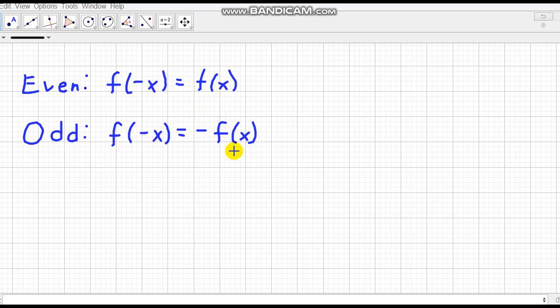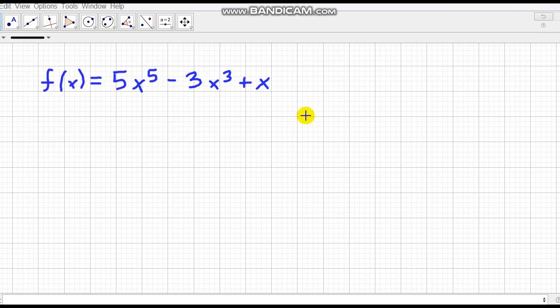So basically, to determine whether a function is even or odd, we just change all the x's into a negative x, and then observe the resulting function. If it remained the same, it's even. If all the terms' signs have changed, then it is odd. If neither of the two happen, then it is neither odd nor even.